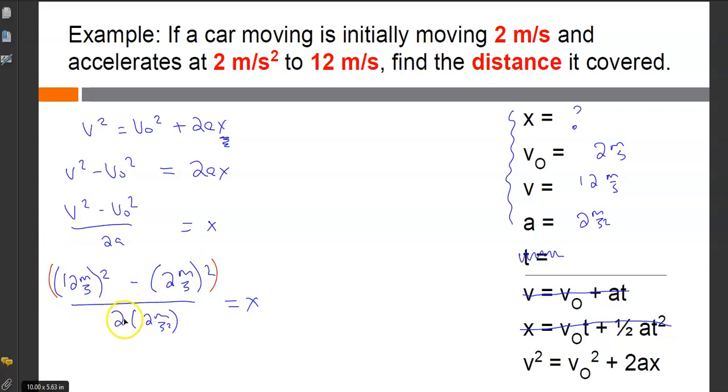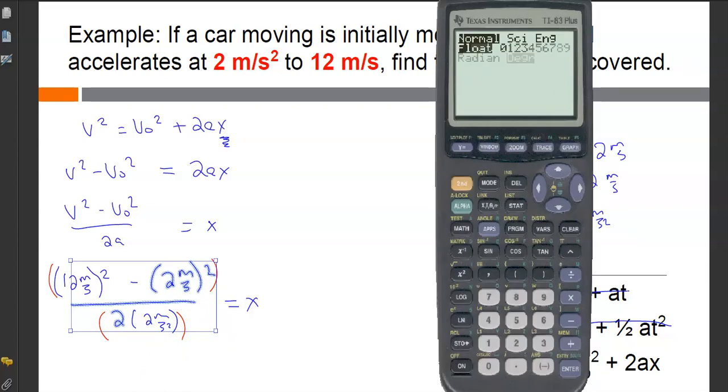And then I need to divide by 2 and divide by the second 2. So one way to handle that is to put some parentheses around that 2. And when I go to my calculator, I can say parenthesis 12 squared, don't forget squared, minus 2 squared, close it up. That's my numerator, the top, divided by parenthesis 2 times 2, close it up like that, and that should work just fine. 35 meters is what I'm getting there.